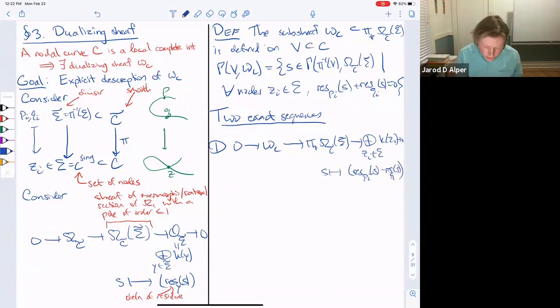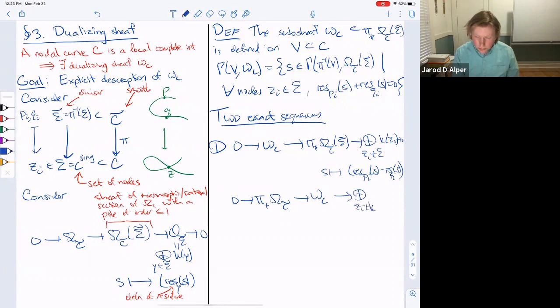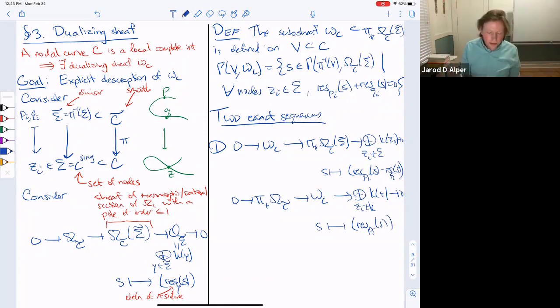And the second one: this is contained in the sheaf of differentials, and the sheaf of differentials is precisely the enlargement such that a section S goes to just the residue at Pi, which is the same as the residue at Qi of S. So the sheaf of differentials sits in between the push forward of the twist of the sheaf of differentials on the normalization, and just the push forward of the sheaf of differentials.